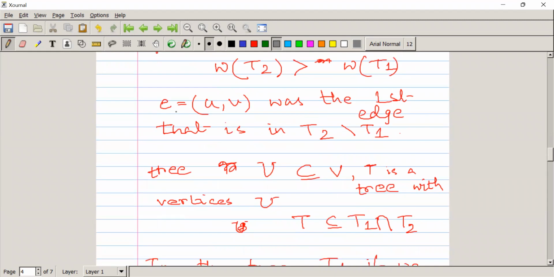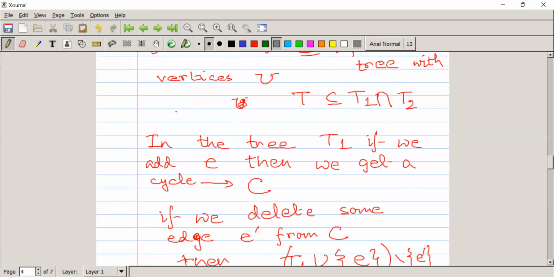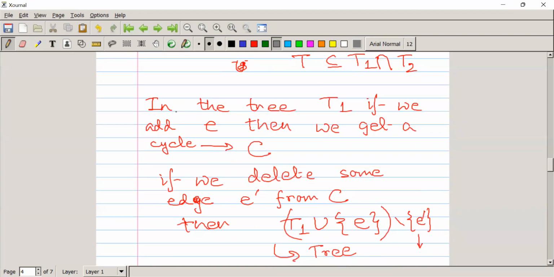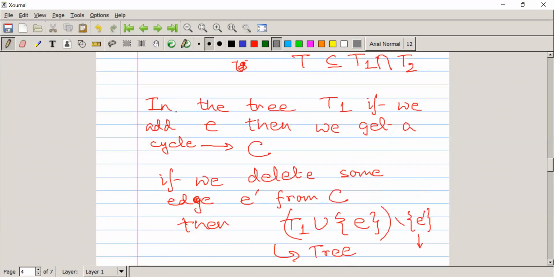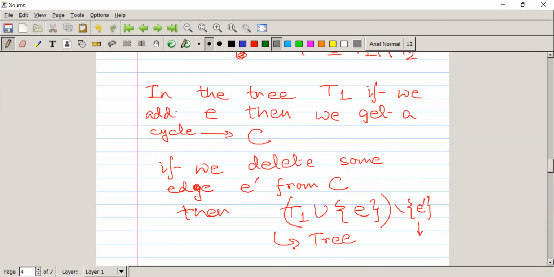So before we add the edge E, we have the cut U and V minus U. And according to Prim's algorithm, E has the least weight among all the cut edges between U and V minus U. And if we add the edge E in the minimum spanning tree T1, then we get a cycle.